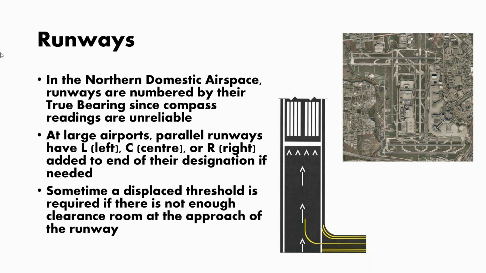The reading they give in a given location might change every single year, so it doesn't make sense to number your runways by the compass reading, since that might change next year and suddenly your runway technically has a different number. So in that case, you number it by its true bearing.